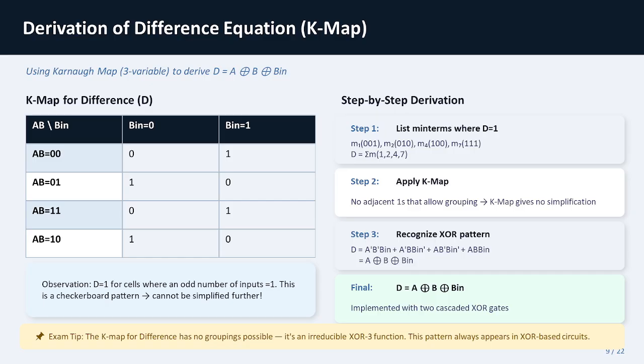But for subtraction, you can write a Boolean expression, but it needs too many gates. So that's why I'm telling you guys to write a Boolean equation using the truth table. Then you will get to know why we are using the K-map here.